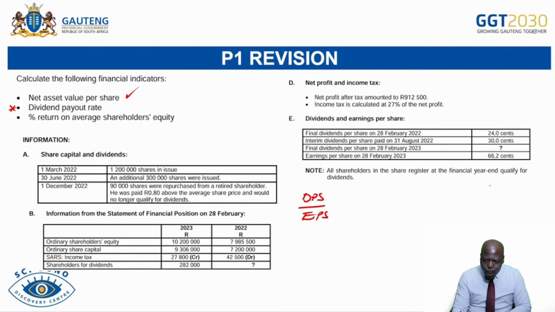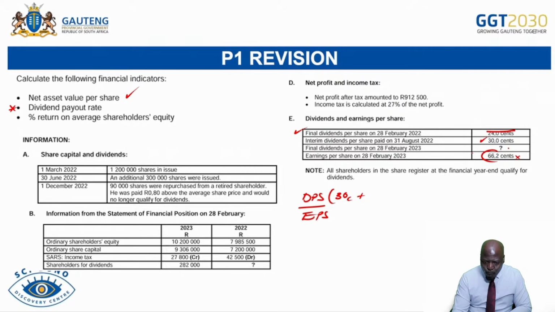So when we look at the information, we are given the EPS, which is 66.2. And when we need our DPS, so this is final for the previous year. So we don't need this one. Okay. We are given interim. So our dividends per share, we know it is this year's interim, which is 30 cents. But we need final dividend for this year now. All right. Do we have the final dividend for this year?